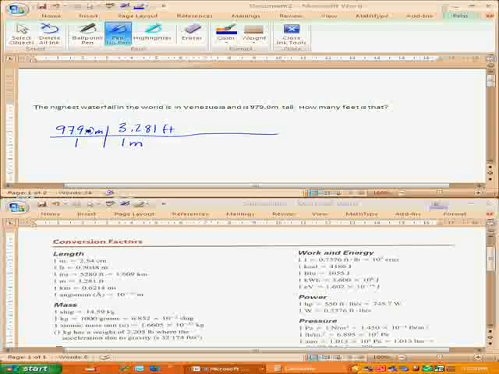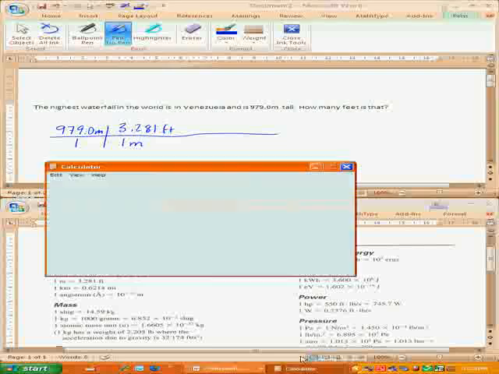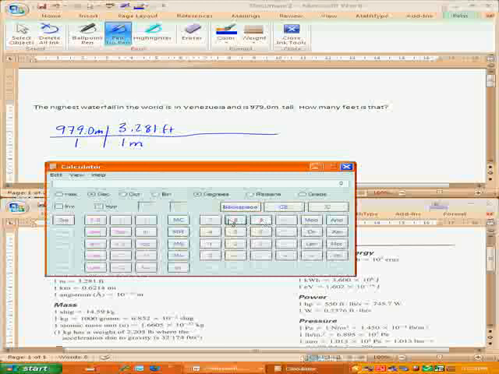And so now I'm going to multiply straight across, and then I'll divide by anything that's on the bottom. So let's pull out a calculator. We'll do 979.0 and then we will multiply by 3.281. And then we would divide by 1.